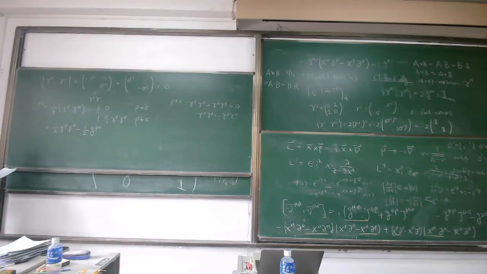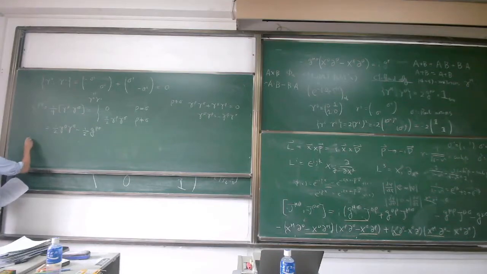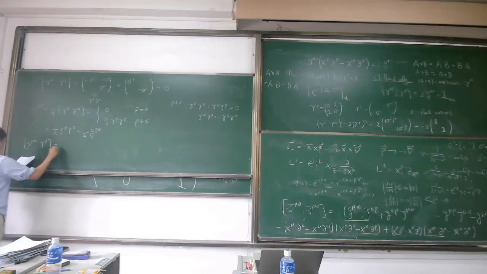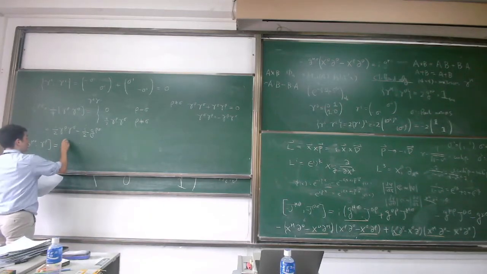So then now we just look at the following, the commutation relation of the S matrix. So then now we have i over 2.